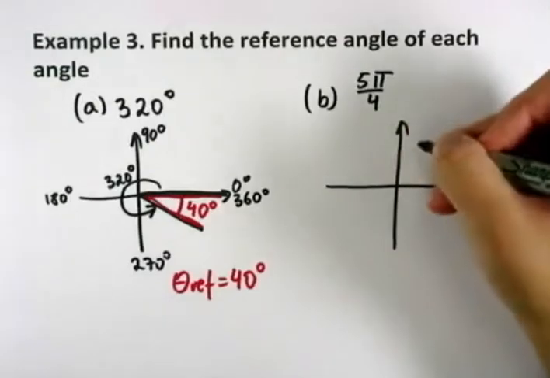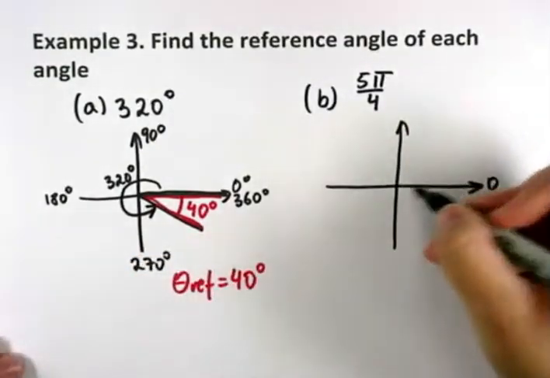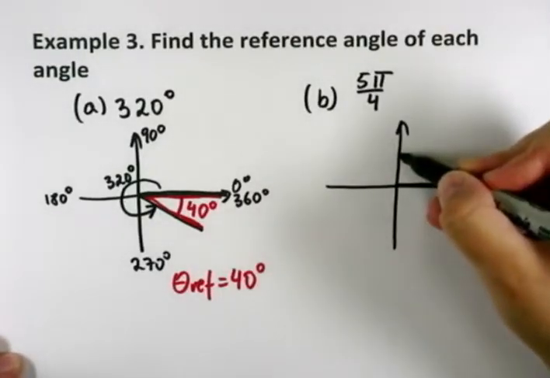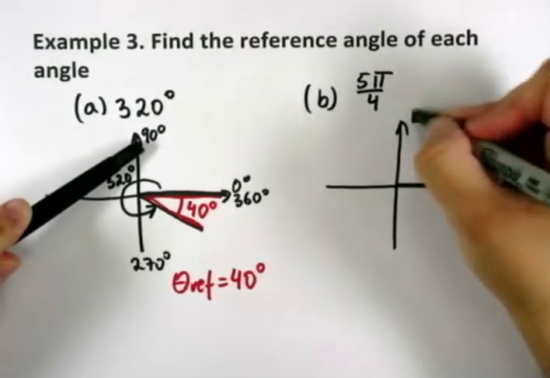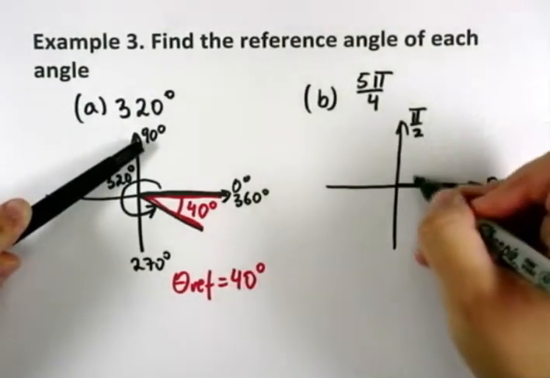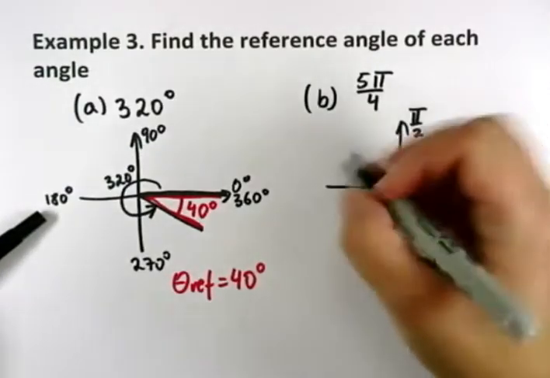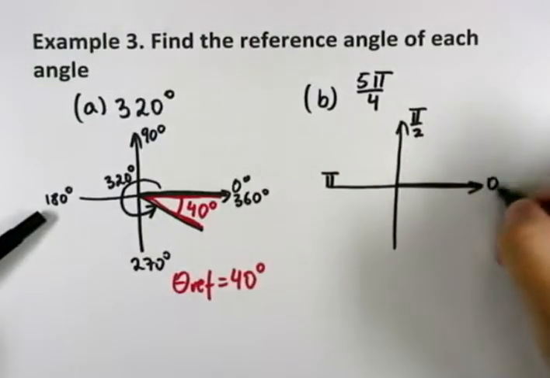When I start here is 0, my initial arm, and when I go here it's 90 degrees. 90 degrees is nothing else but pi over 2. When I go over to the straight angle, it's 180 degrees, which is pi. When I go a full rotation, I have 2 pi. 360 is 2 pi.